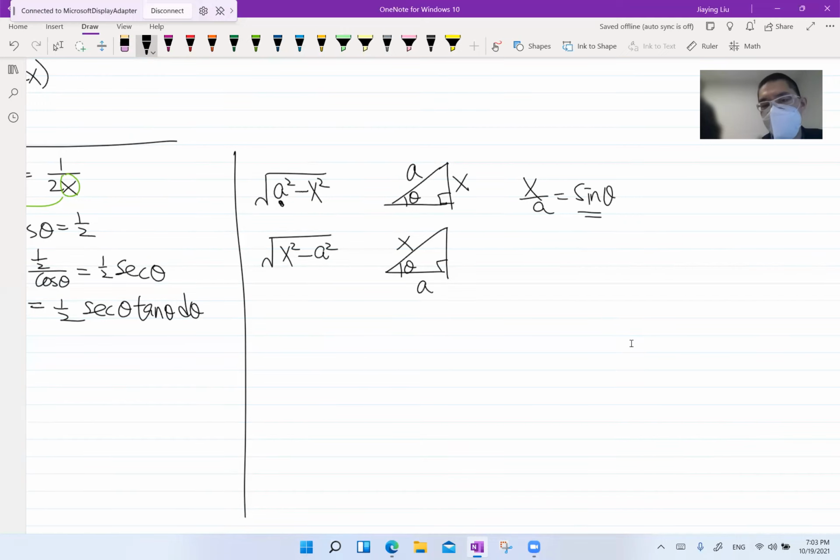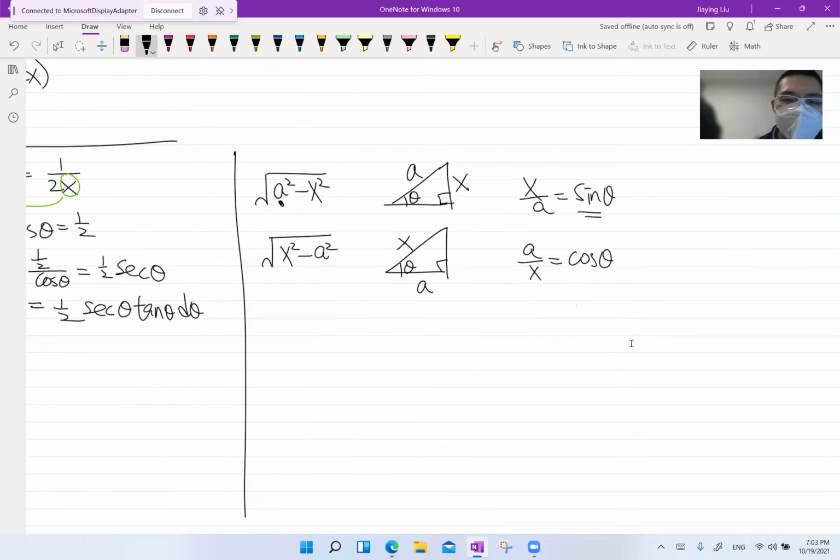That way you end up with a secant, which is a lot easier to work with than cosecant if you put a on the opposite side. But again, there's no wrong answer there. It just depends on whether you are comfortable with secant or cosecant, right? So that will give you x equals a times secant theta. We can go from there.